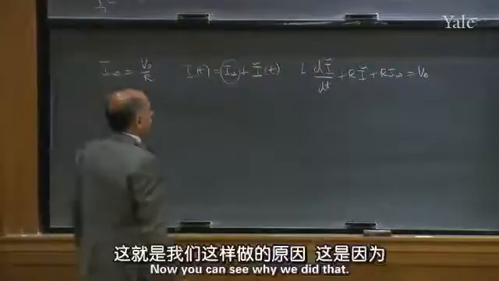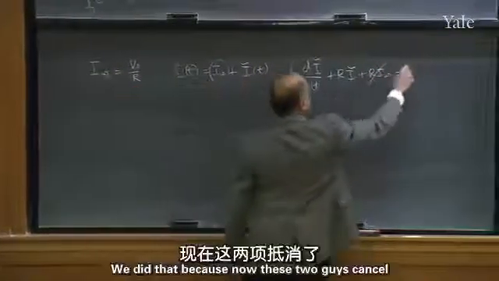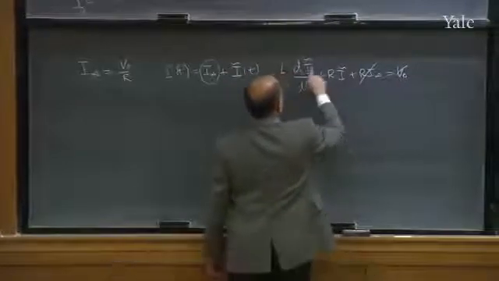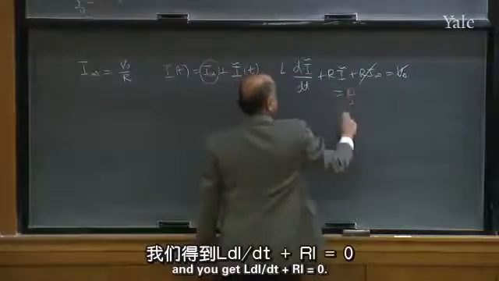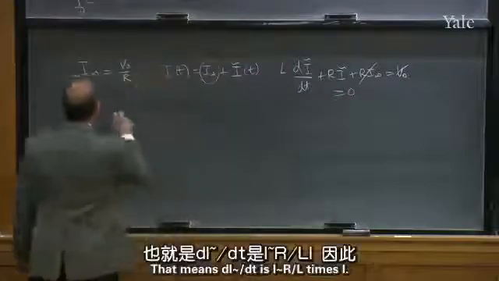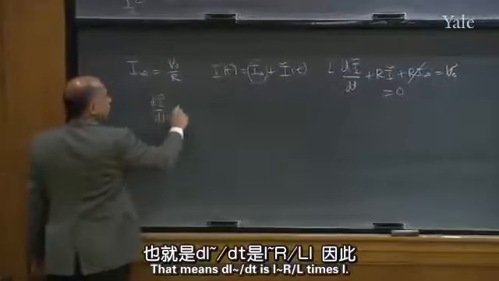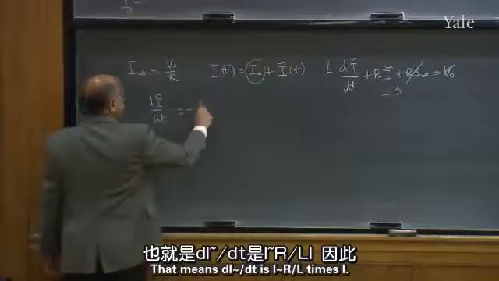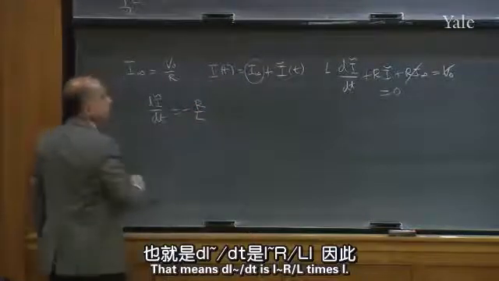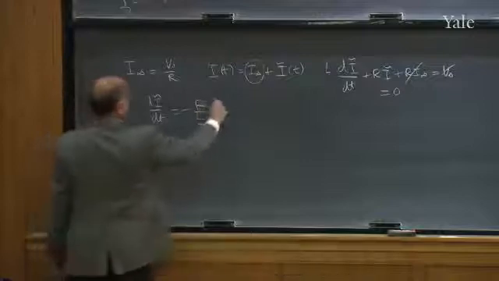Now you can see why we did that. We did that because now these two guys cancel, and you get L dI twiddle/dt plus R I twiddle equal to 0. That means dI twiddle/dt is minus R over L times I twiddle.